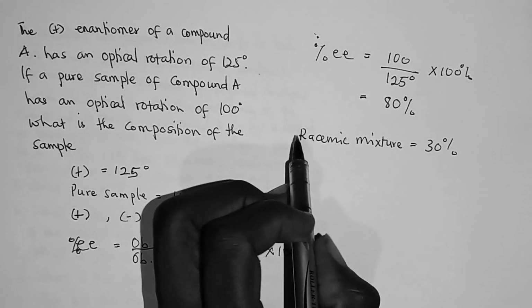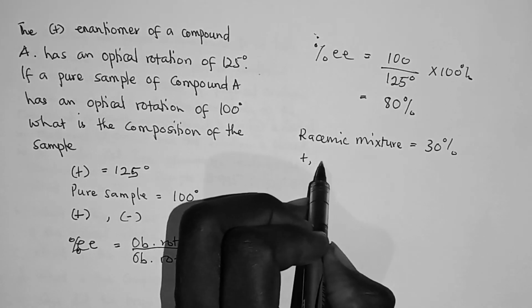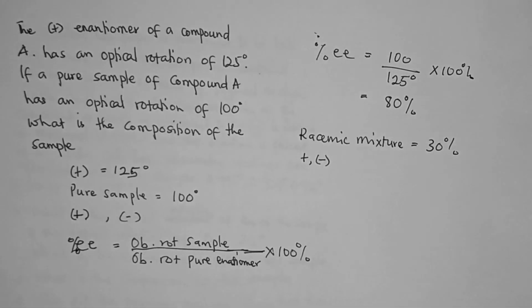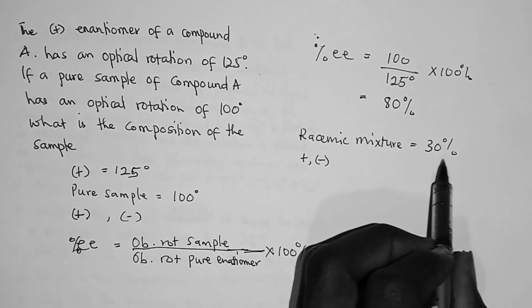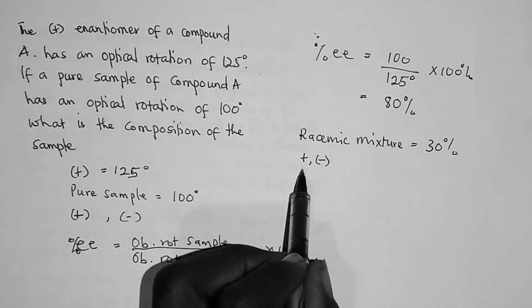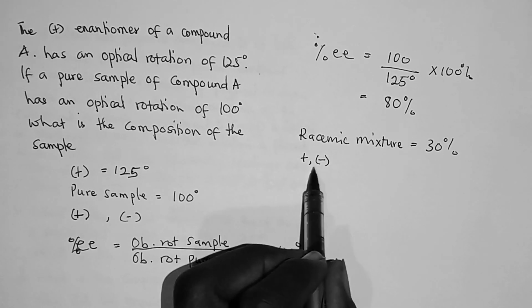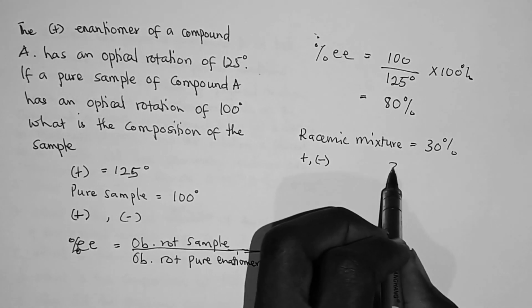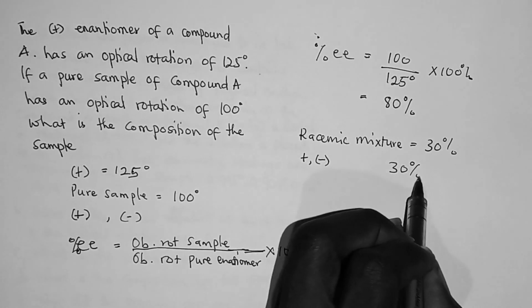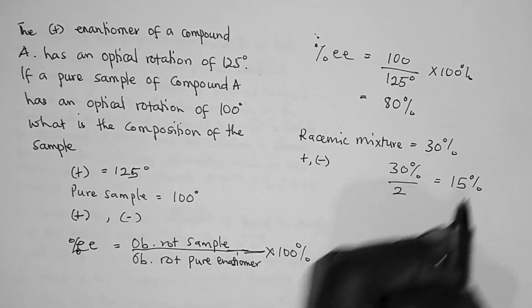But we know that the racemic mixture is made up of equal moles of the plus and the minus enantiomer. In other words, in order to be able to find the amount of the plus and the minus enantiomer in the racemic mixture, we need to divide the 30 by 2. So 30% divided by 2, which is equal to 15%.